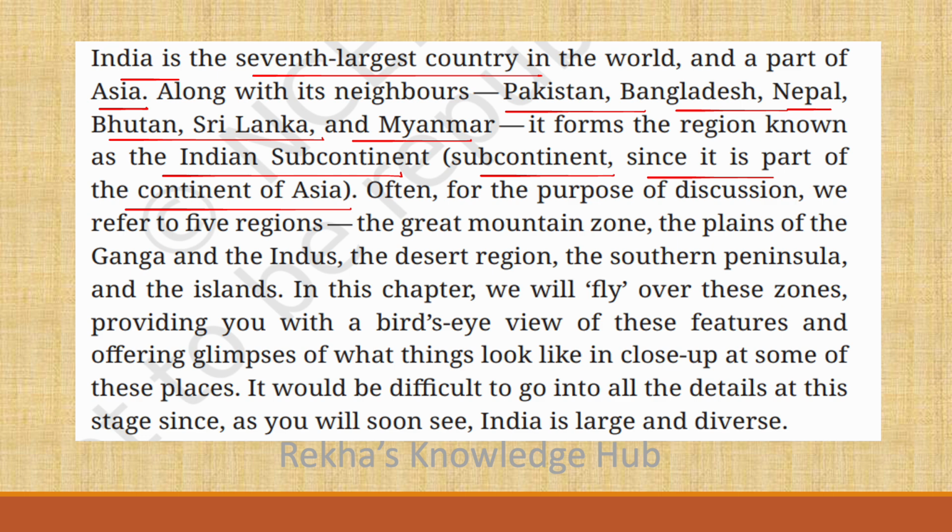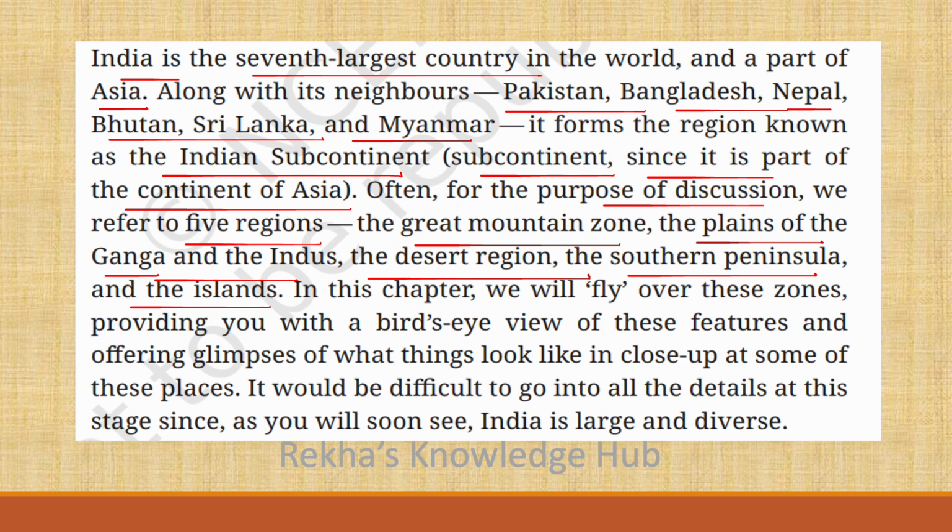Often, for the purpose of discussion, we refer to 5 regions: the Great Mountain Zone, the plains of the Ganga and the Indus, the desert region, the southern peninsula and the islands.